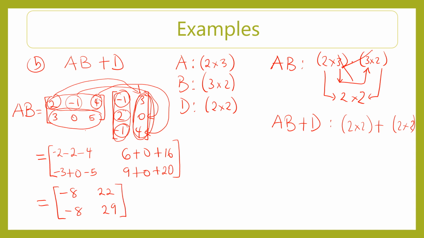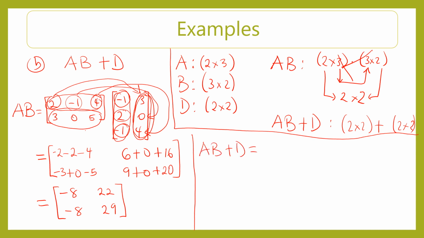Now we got 2 by 2 as we expect. And the next thing to do here is to now add the products to D. So AB plus D now gives, AB is gotten to be minus 8, 22, minus 8, 29. And then we add it to D rather, which is minus 4, 2, 3, and 1.